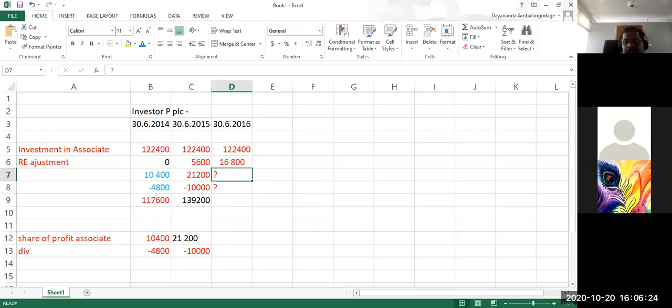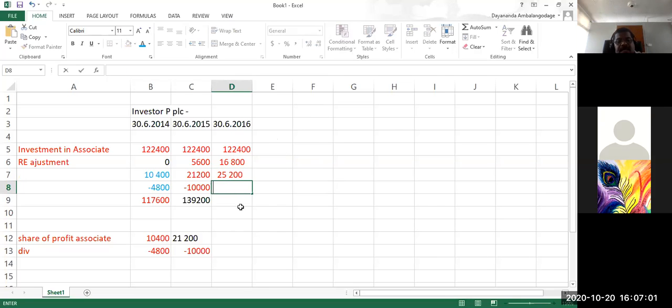And here the adjustment is 25,200. Retained profit for the period 25,200, which is the share of profit.